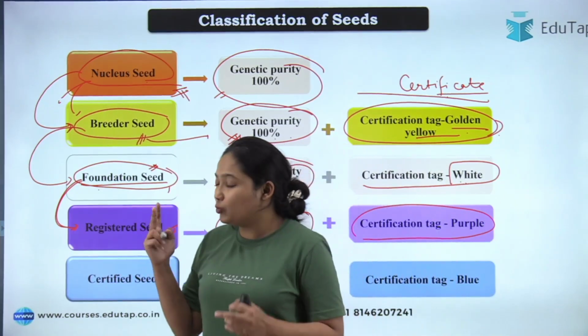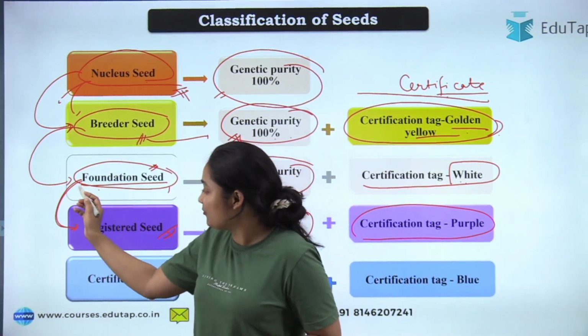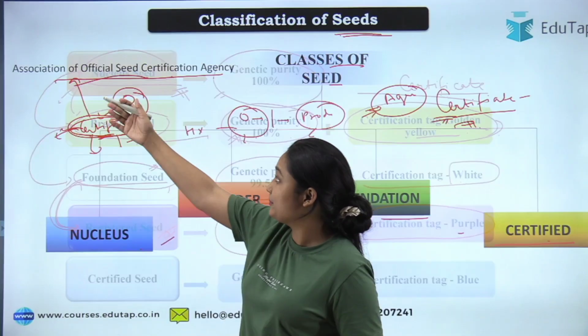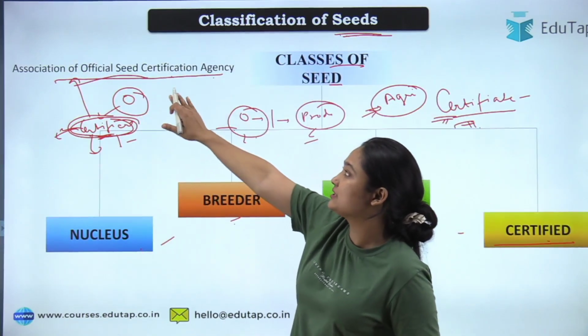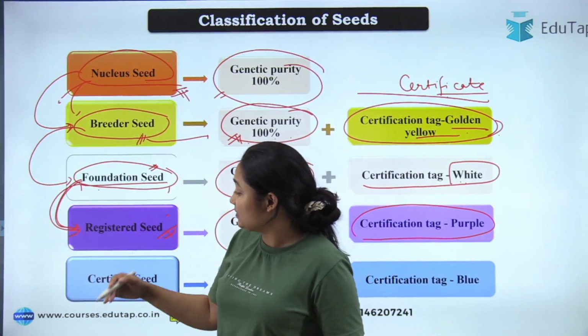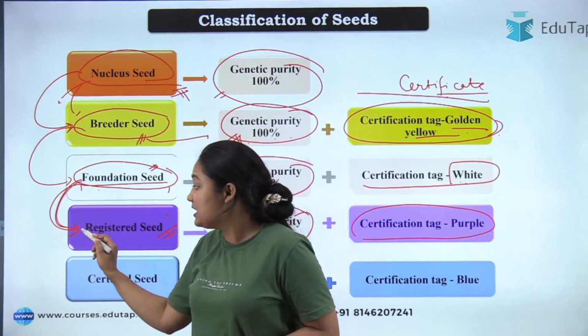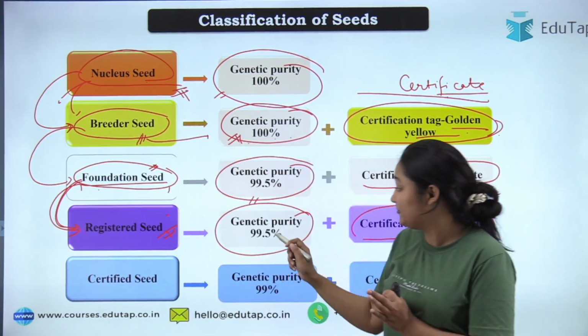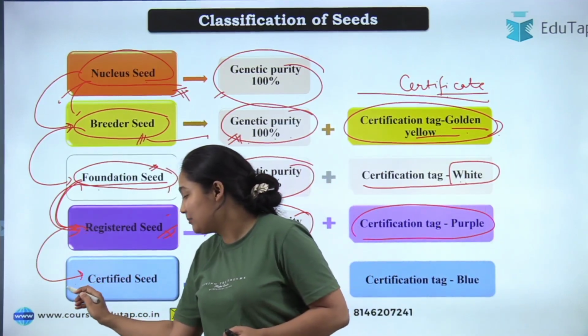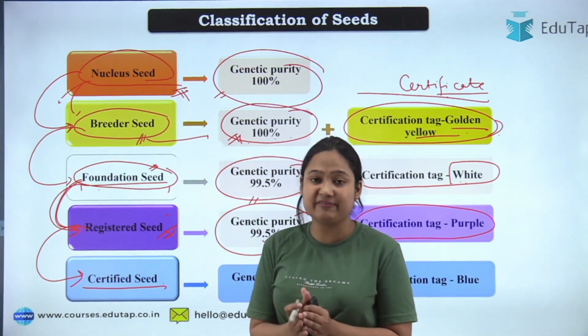Okay, now two things can happen. From your foundation seed, you can go for the registered seed, which does not come under the purview of the Association of Official Seed Certification Agency. So it still does not come under them. But what can happen from your registered seed? Suppose you have developed registered seed with genetic purity of 99.5%. This registered seed will be used to obtain certified seed.